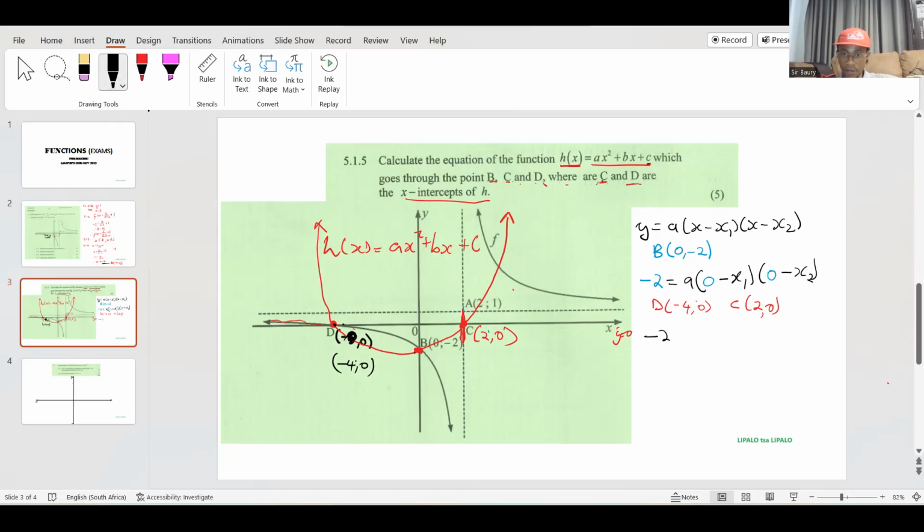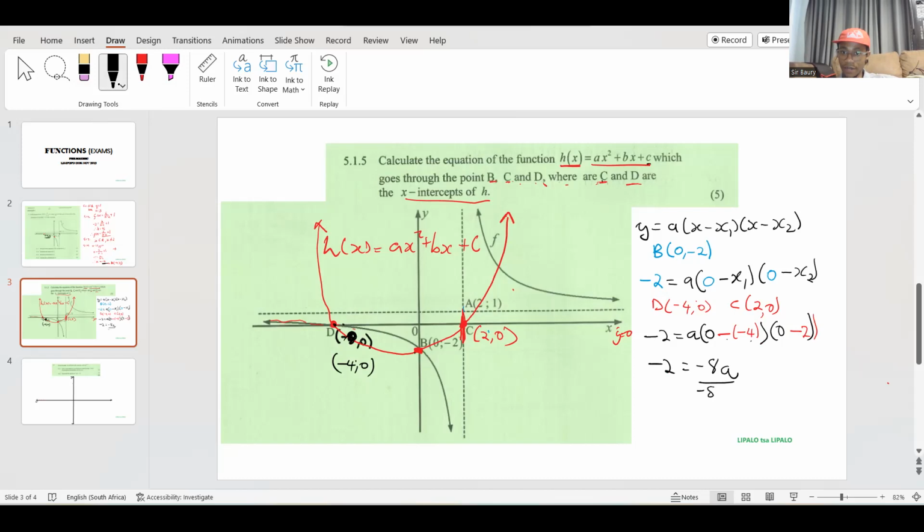I have negative 2 equal to a, then 0 minus negative 4, then 0 minus 2. This gives you negative 2, then positive 4, negative 8a.